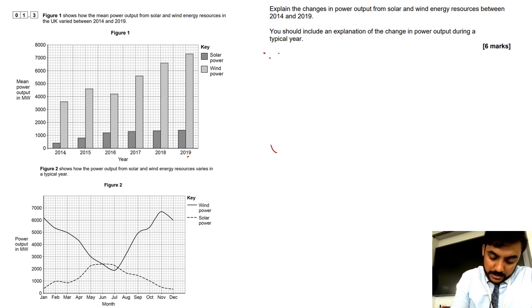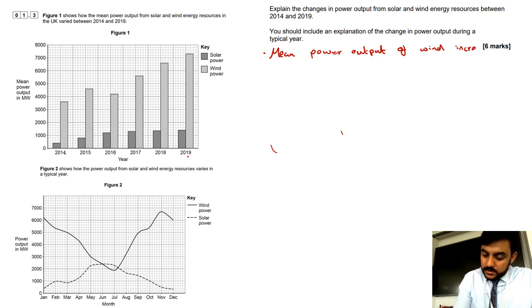I'm going to use the words mean power output of wind increased. And remember, the word that I'm using is because, and I'm going to write my reason.